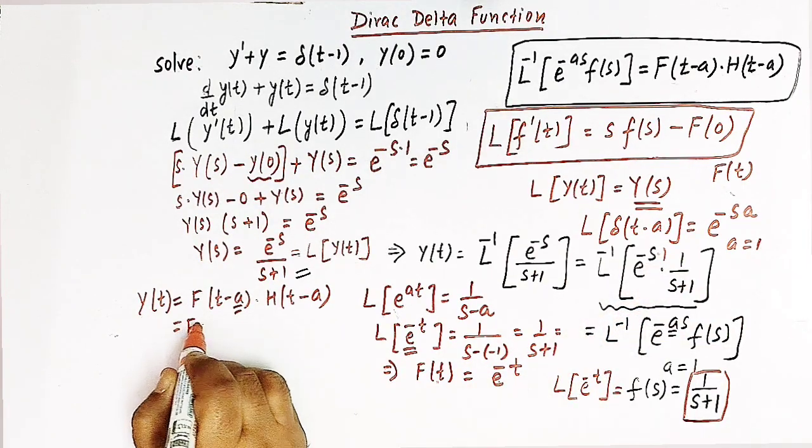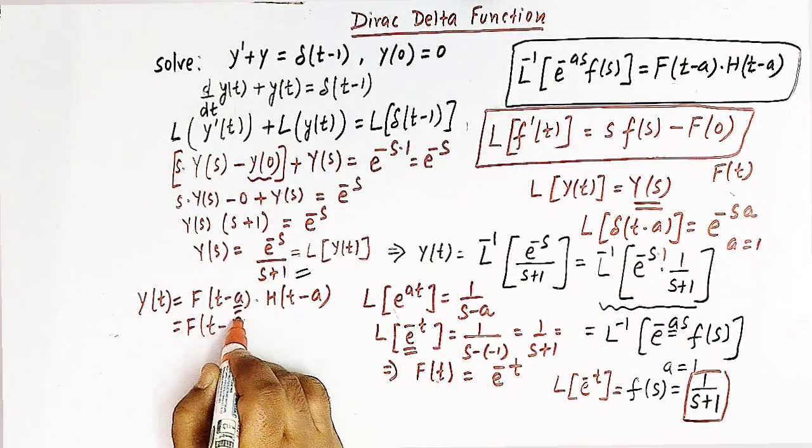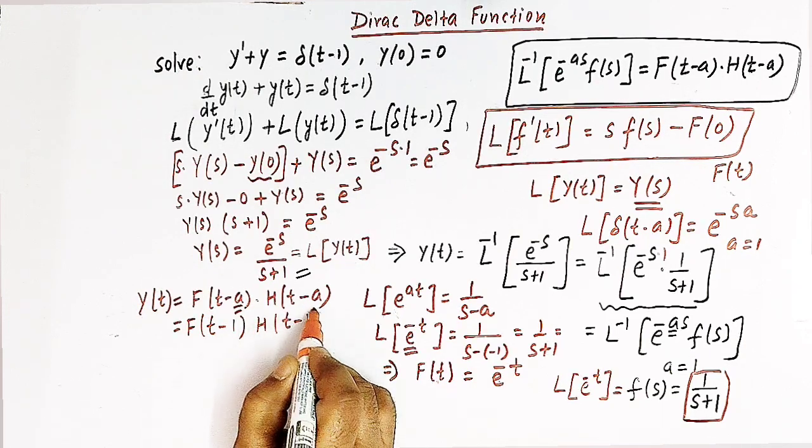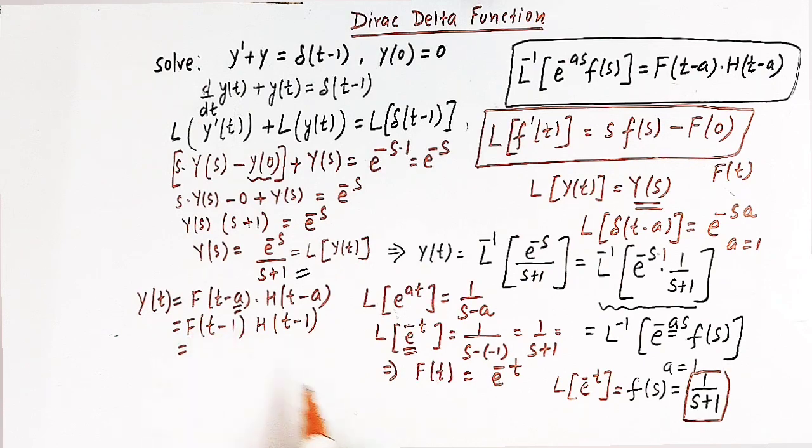So we have f of t minus 1, and here we have h of t minus 1, and f of t minus 1 can be obtained from here by replacing this t by t minus 1.